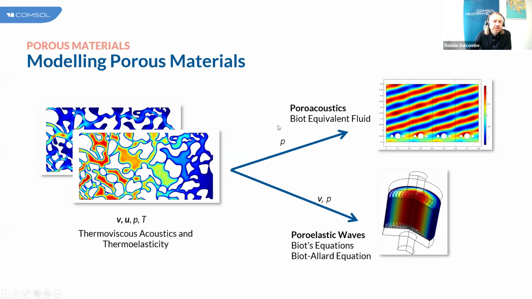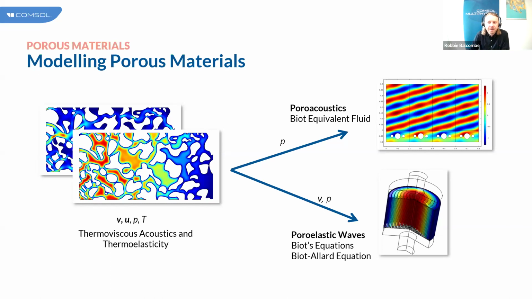What this means is that we model the porous material as a fluid which has significant attenuation within it, so we calculate only the acoustic pressure. In terms of computing the acoustic problem, this provides the most efficient method for modeling a porous material, with low computational cost.